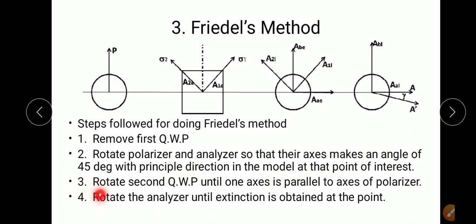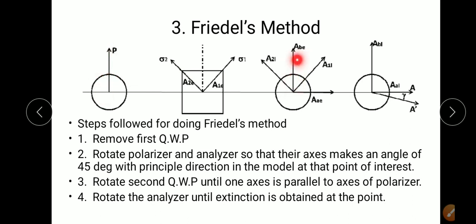Rotate the second quarter-wave plate until one axis is parallel to the axis of the polarizer. You have to rotate the plate until its axis coincides with the polarizer, so P is equal to AB.